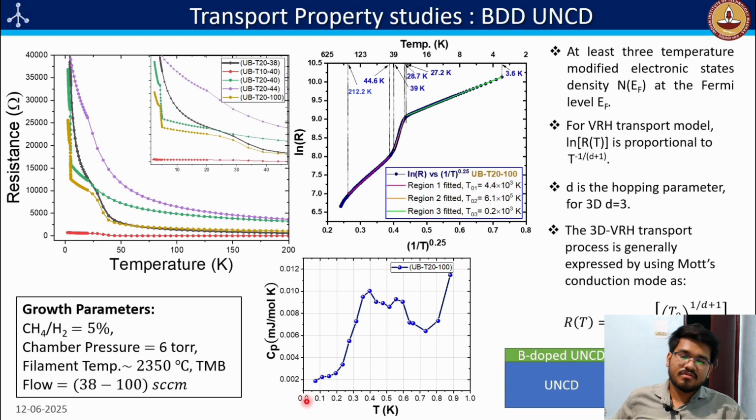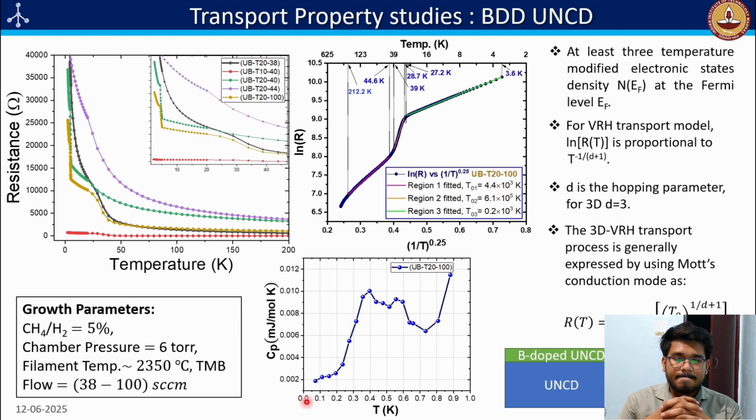But if you want to really measure the specific heat, you cannot really do it on such thin films of 120 nanometers, because you want to have a bulk sample for this kind of measurement. You cannot just put a thin film of 100 nanometers, it will easily break and your specific heat measurement will not go on.